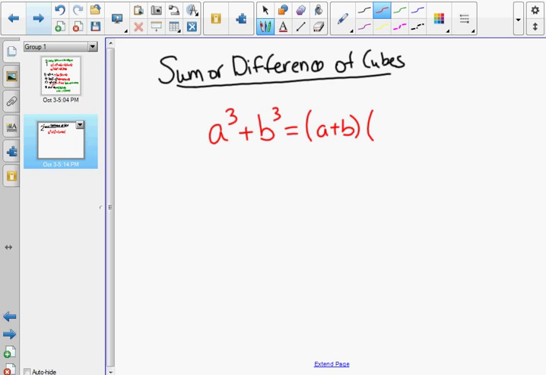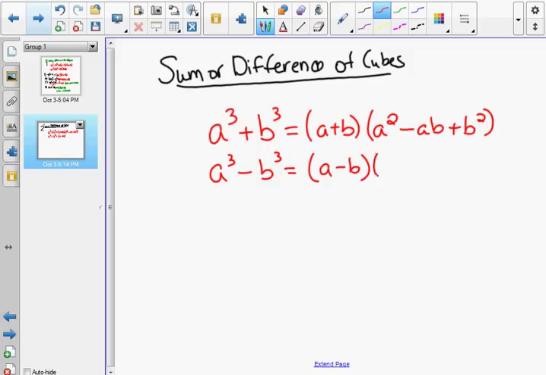The trinomial factor is going to look like this: a squared minus ab plus b squared. Now, the difference of cubes is very similar. Our first binomial is going to be a minus b, and then the trinomial factor is going to be a squared plus ab plus b squared.